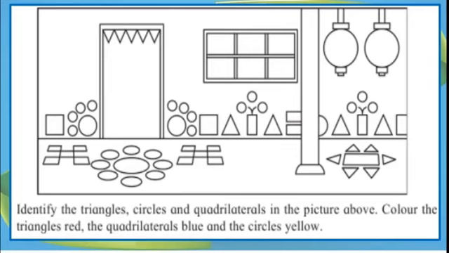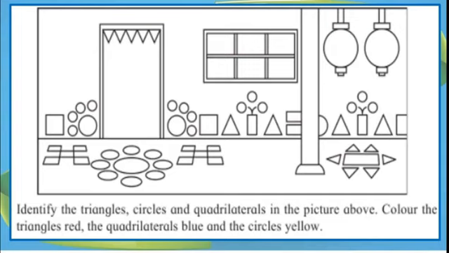Identify the triangles, circles and quadrilaterals in the picture above. You are familiar with these three types of figures, correct? Now color the triangles in red. Wherever the triangle is there, you have to color it in red. The quadrilaterals in blue and the circles in yellow.